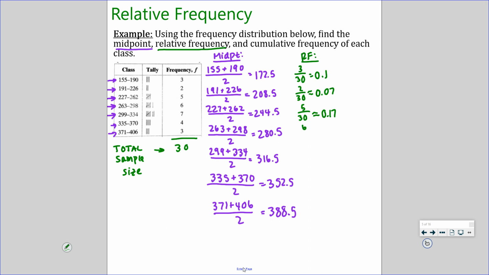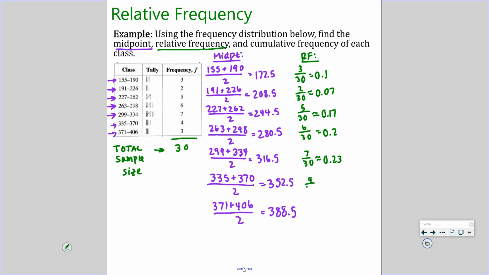Next class is 6 out of 30. 2/10. 7 out of 30. About 0.23. Or again, these could be like percentages, like 23%, 20%, 7%, etc. All right.